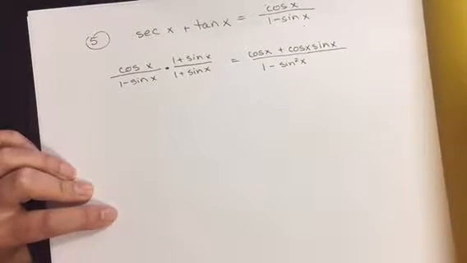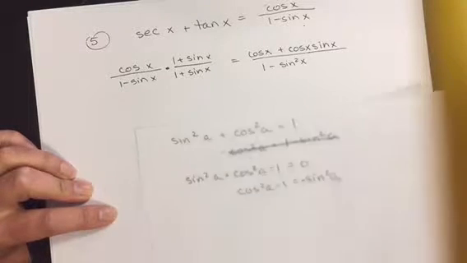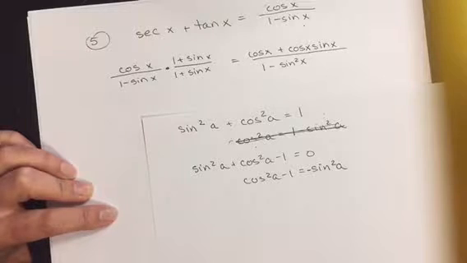All right, back to our happy little Pythagorean identity. So as soon as I see a 1 and a sine, or a 1 and a cosine, or a 1 and a tangent, and a 1 and a secant, or a 1 and a cotangent, or 1 and a cosecant, that's my clue for the Pythagorean identity.